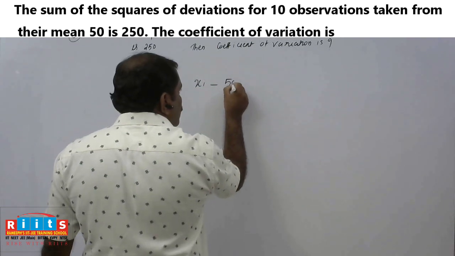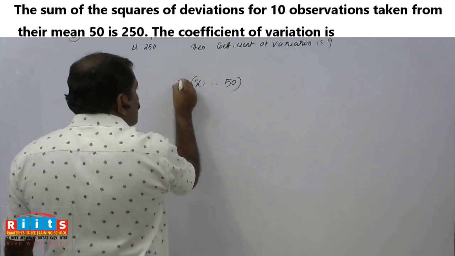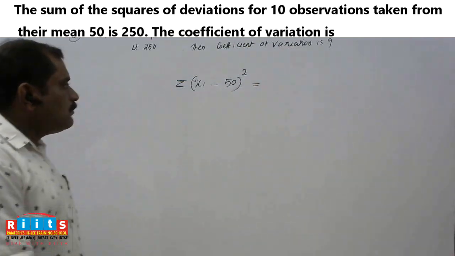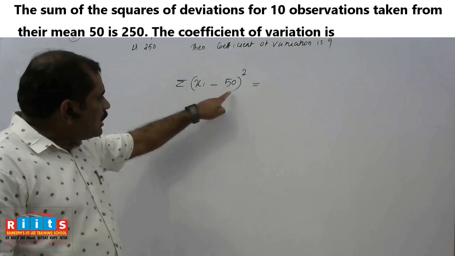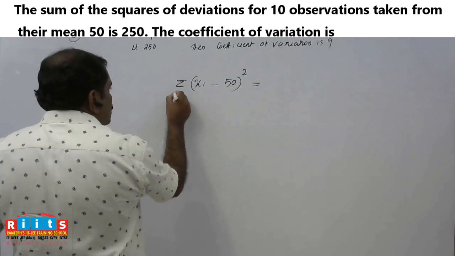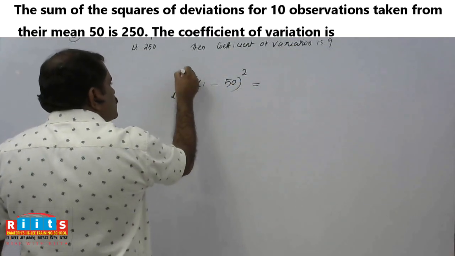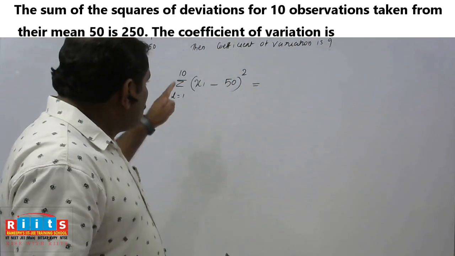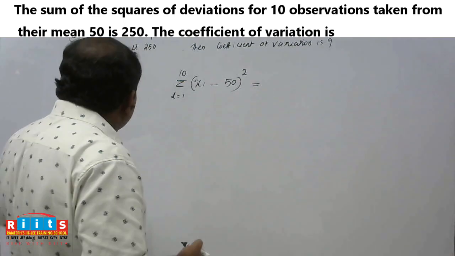Mean is 50. Sum of squares of deviation about the mean, xi minus 50 the whole square, where i varies from 1 to 10, for the total 10 observations. That xi minus 50 the whole square sum is given as 250.